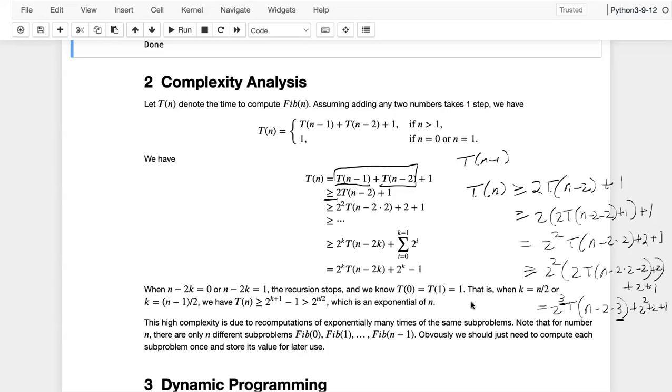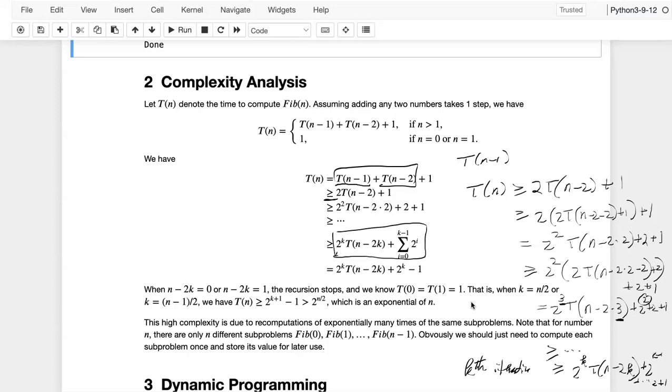So for the k-th iteration, we are going to have 2 to the k times T of n minus 2 times k, and then plus, so this 2 is 1 less than 3, so it's 2 to the k minus 1 plus, and down to 2 plus 1. Okay, so that's what this is for.